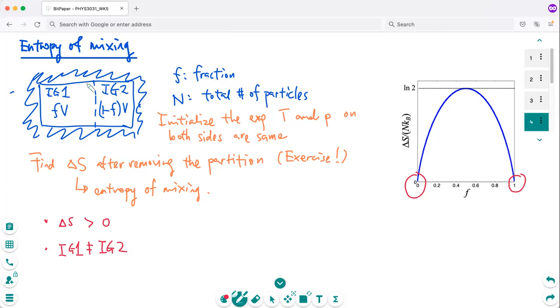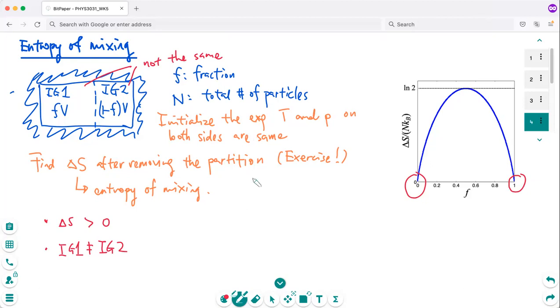So I will write this line here, saying the gases are not the same. For example, I will have helium and nitrogen, and when I remove the partition, they mix. If they are the same, I have nitrogen on both sides, and when I remove the partition, technically I shouldn't see a difference.